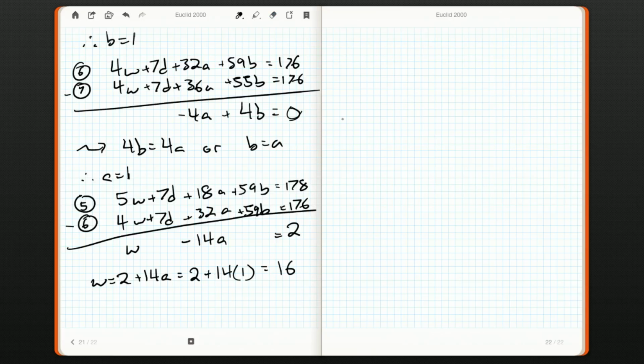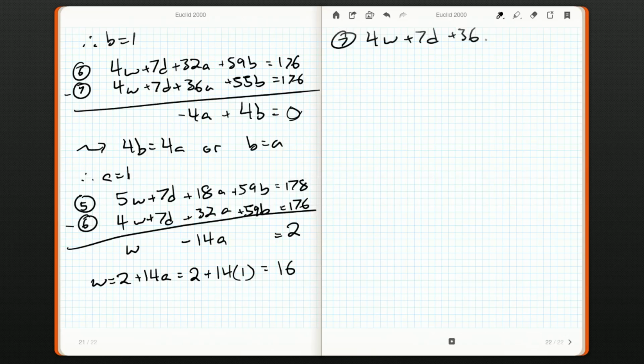And really what we can do is pick any equation. So let's say equation 1. Actually, let's just pick equation 7, because it's already written out for us. 4W plus 7D plus 36A plus 55B equals 176.